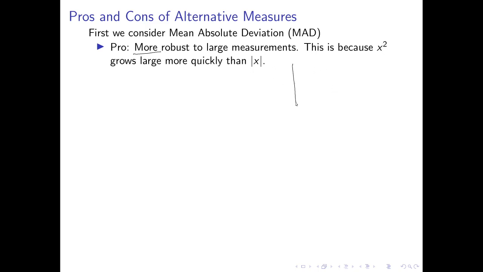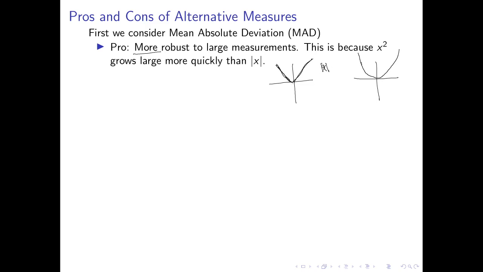grows more quickly than the absolute value of x. So something like the absolute value of x looks like just a sharp point, and x squared has this curving, and in the tails it U's up, whereas the absolute value of x has these lines that go out.